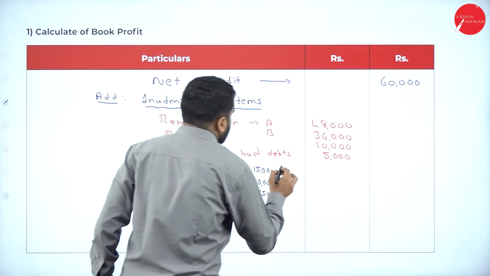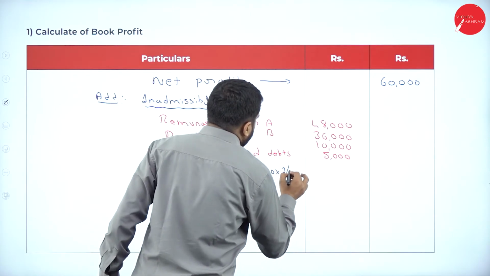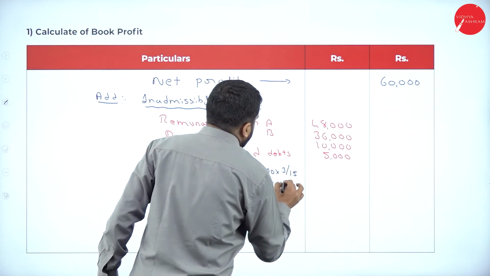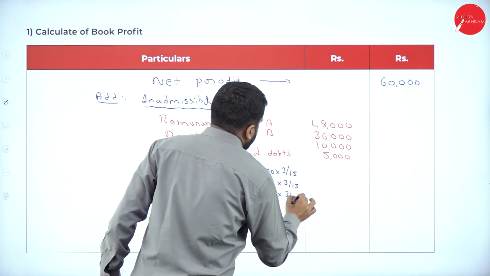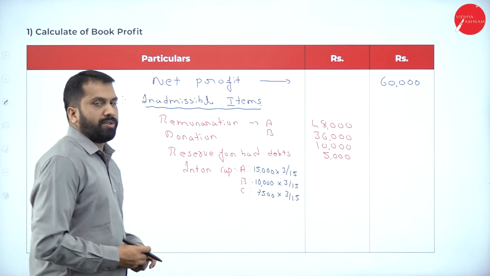So you are supposed to take 3 divided by 15, multiplied with 3 divided by 15. These are your calculations.